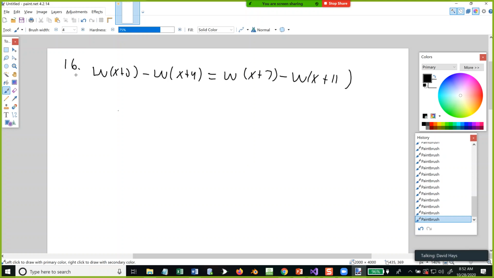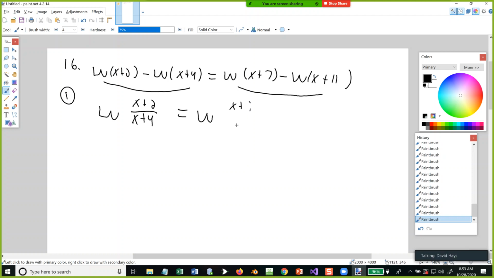First step is use properties of logs to get a single log on both sides. We got log of something minus log of something, log of something minus log of something. Subtraction on both sides, we rewrite as division. So natural log of (x plus 2) over (x plus 4). So here we have natural log of (x plus 7) over (x plus 11).